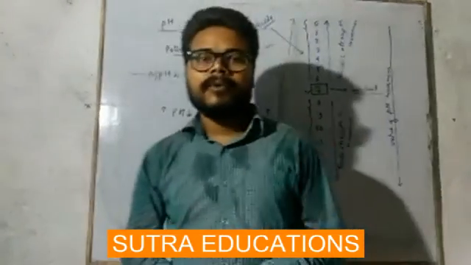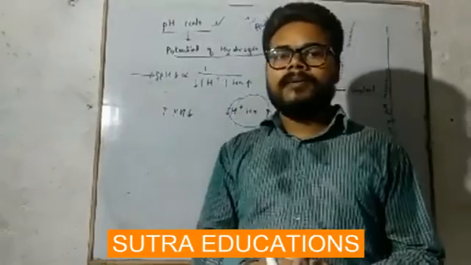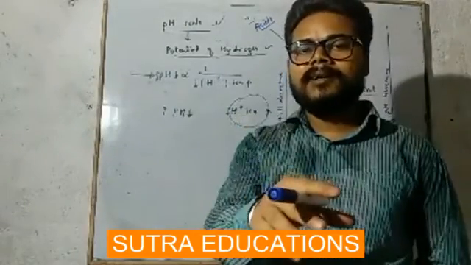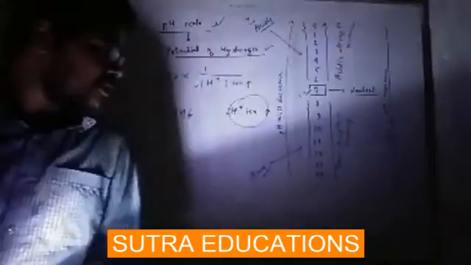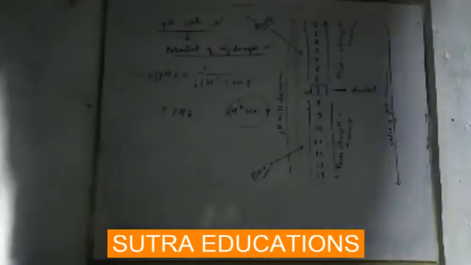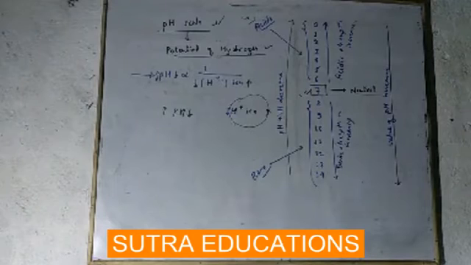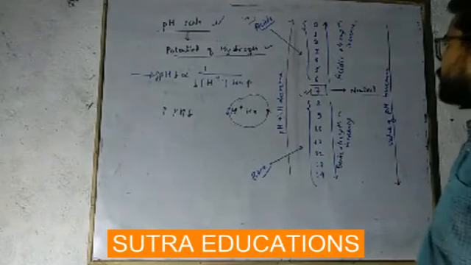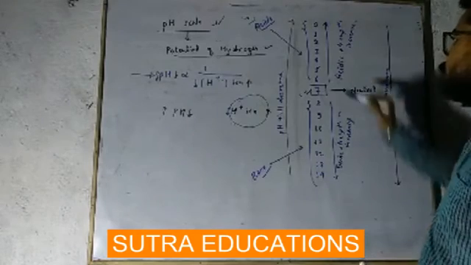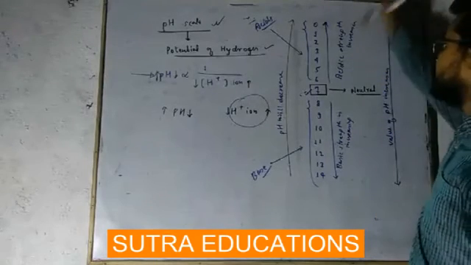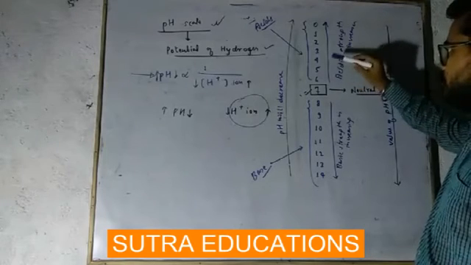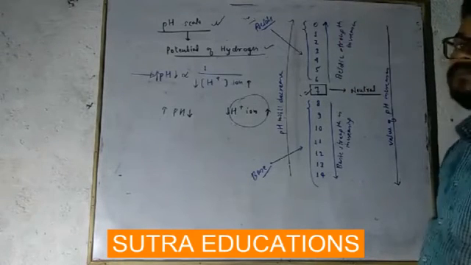So going from 6 to 0, the value of pH is decreasing, means the concentration of H plus is increasing, means more acidic. That's why I have written here that acidic strength increases as we go from 6 to 0.